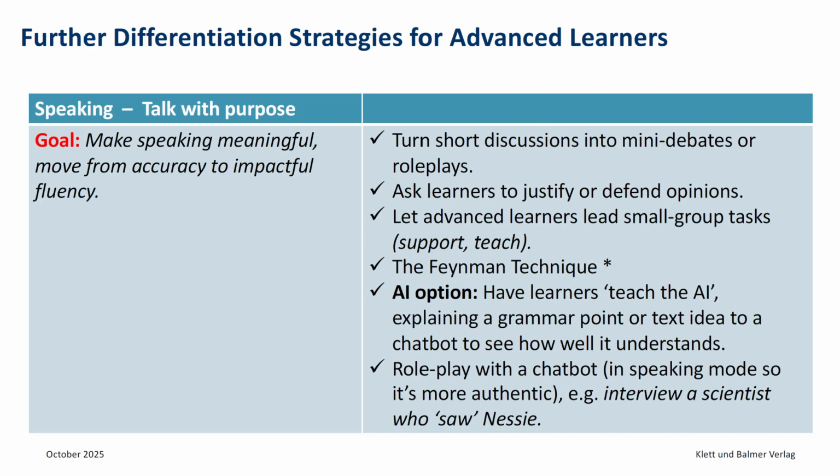And finally, with speaking, we need to make it more meaningful, again, with small tweaks. So I did mention earlier the Feynman technique, which is based on the idea that if you can explain something clearly to someone else, you truly understand it yourself.